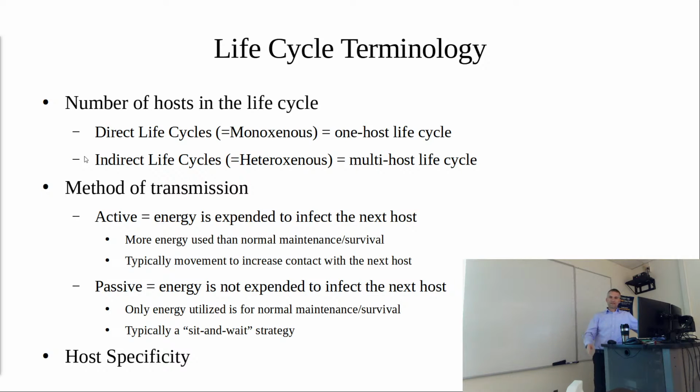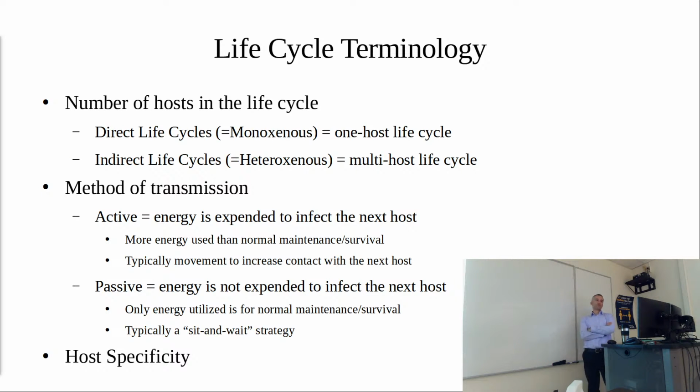Kind of building on that, now let's talk about the life cycles. We're going to see different types of life cycles throughout this class. These life cycles can differ by the number of hosts. All right. If we have a one-host life cycle, then we refer to it as a monoxenous life cycle. Monoxenous, one-host life cycle.